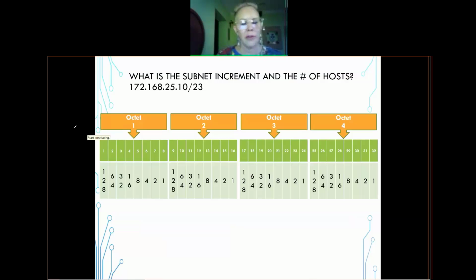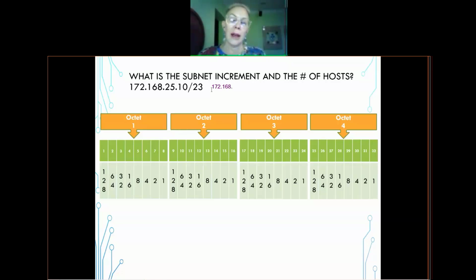So first of all, if I need to find the network, is the 172 part of the network? It is, right? We know it is because of the 255. How about 168? Do we know that's part of the network? Yeah, we do because it's a 255.255.254, right? So we know that 168 is part of the network.